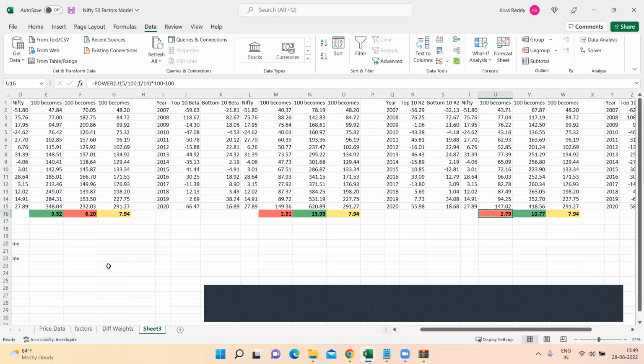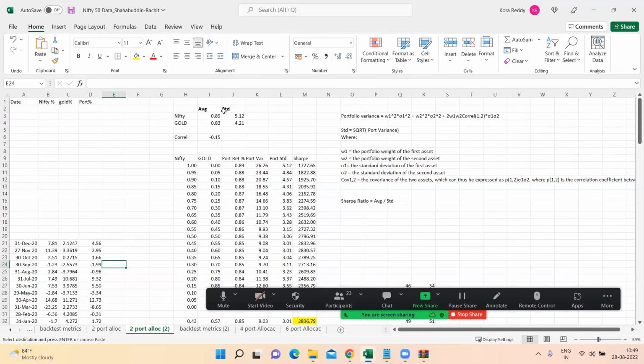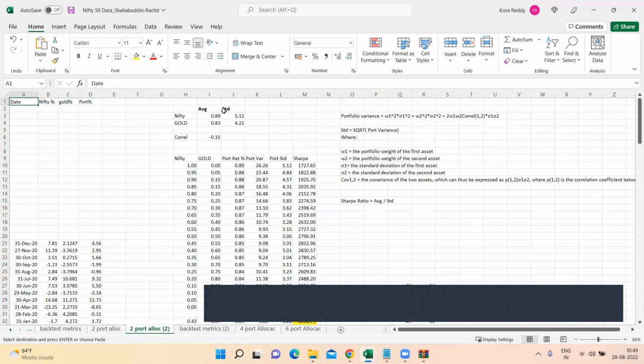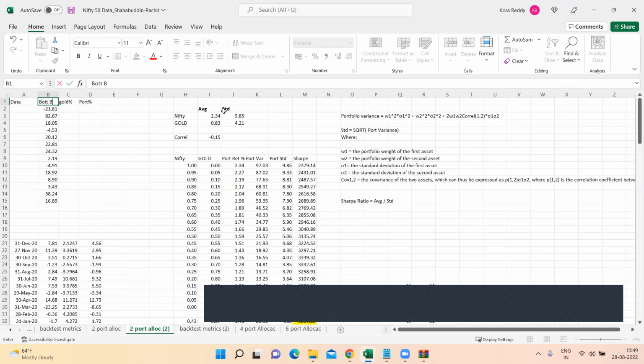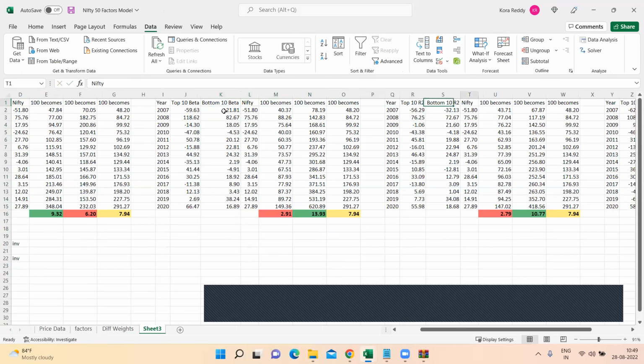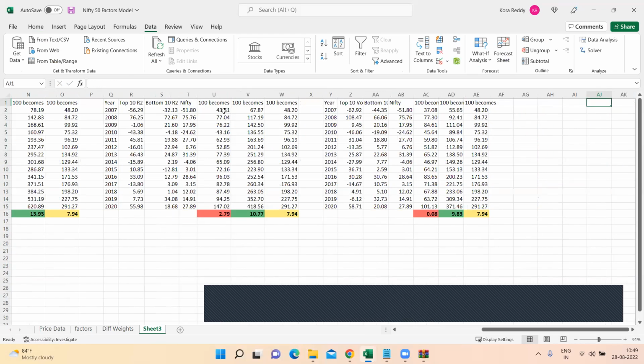Because I'm peeping into the data, I'm picking up, okay, so I'll just pick up the bottom beta and high volatile.